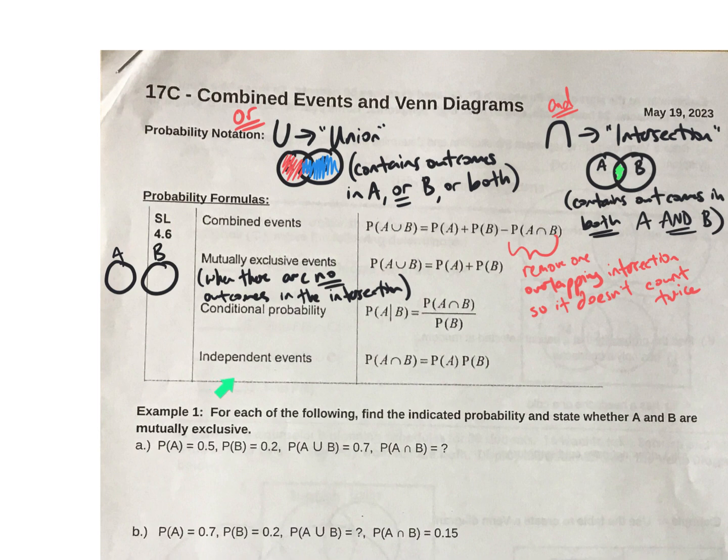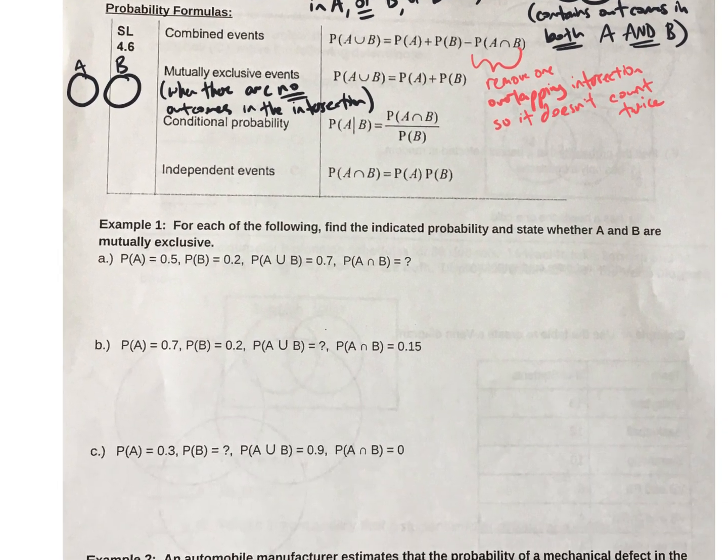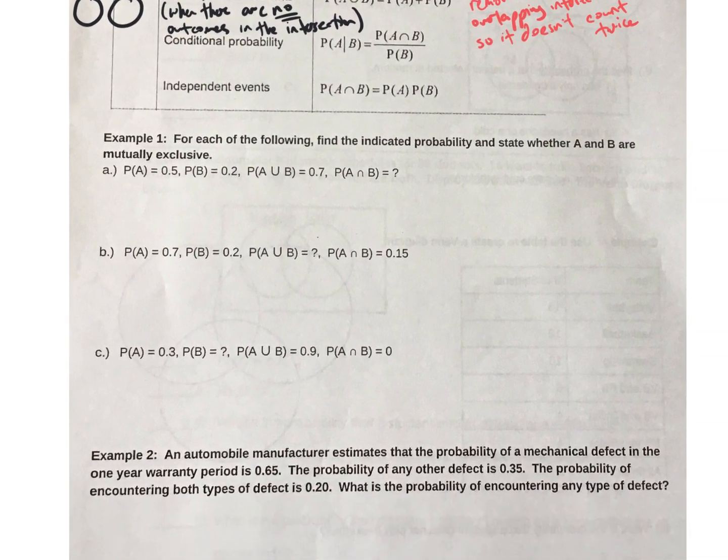Actually, I don't think in our notes we're going to be looking at any independent events. You might have something like this in your assignment today, maybe one problem, I can't remember. But it's just the probability of A and B occurring, and it's just the probability of A times the probability of B.